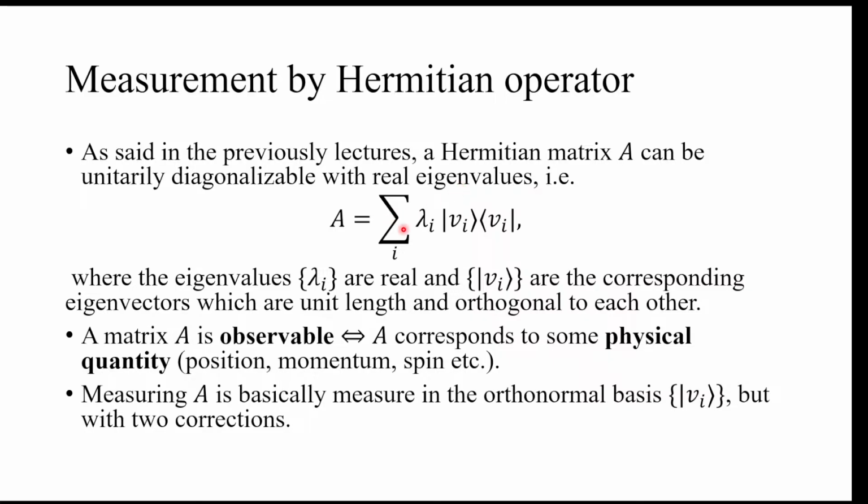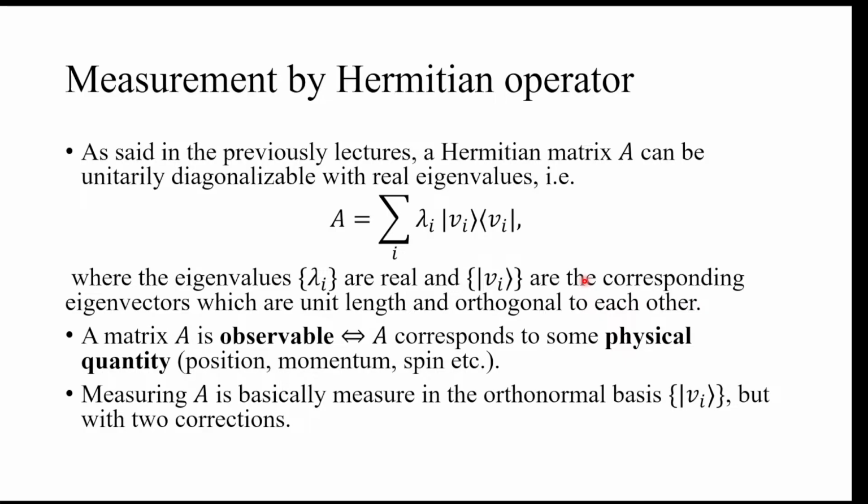So you can write it as the sum of some real eigenvalues times projectors onto its eigenvectors: A equals the sum over i of lambda i times |vi><vi|, where the vi are eigenvectors, and they should be also normalized.